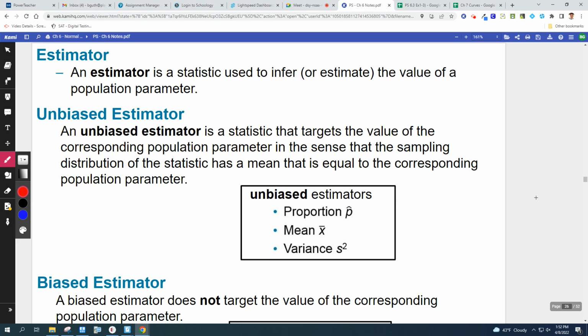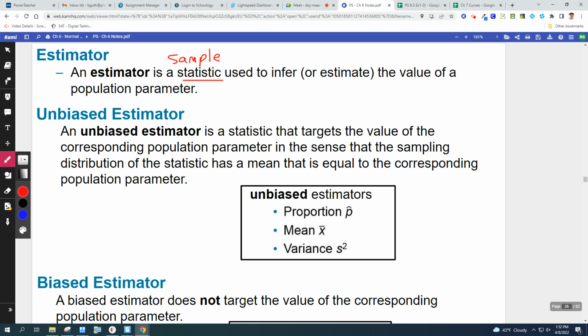Now we have an estimator. An estimator is a statistic used to infer or estimate the value of a population parameter. Remember, when they're talking about a statistic, I'm talking about the sample.